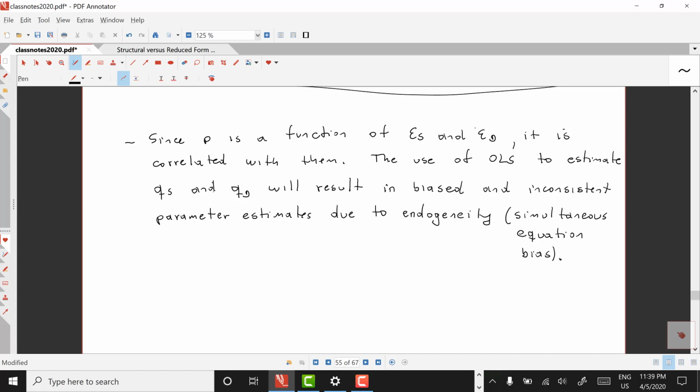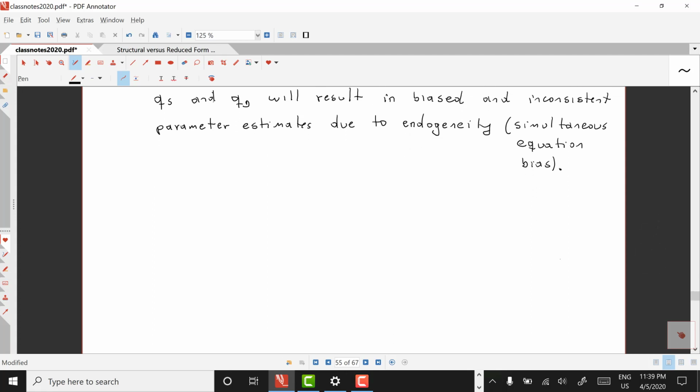Okay, so that's kind of what's going on, and that's where that simultaneity problem comes into place. So in this system, and some terminology here, Q and P are called endogenous, or jointly determined.